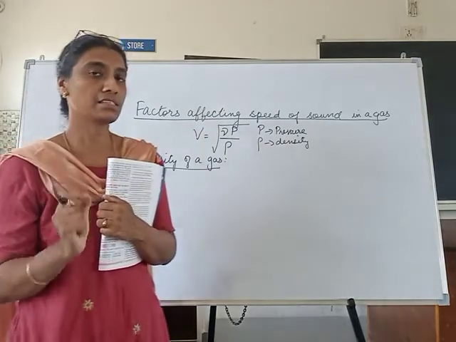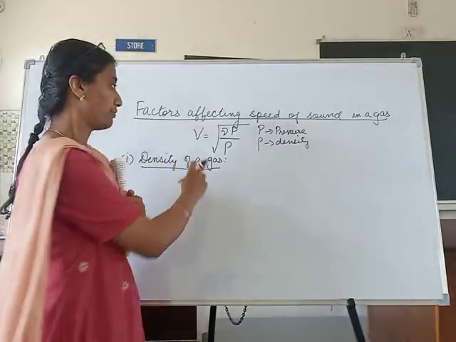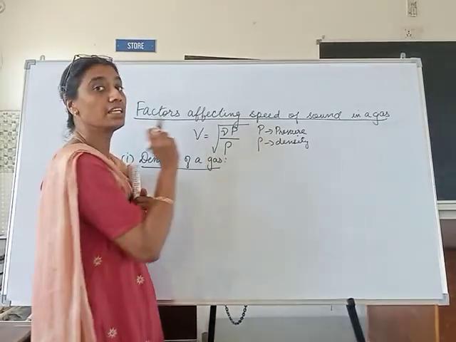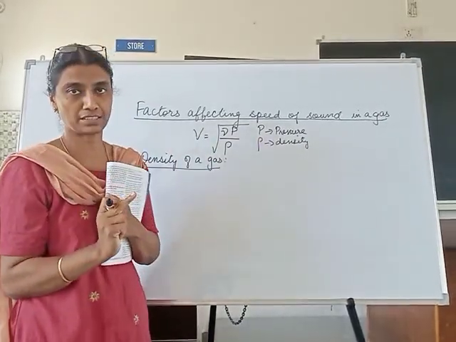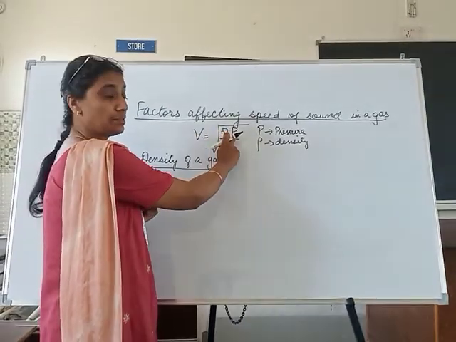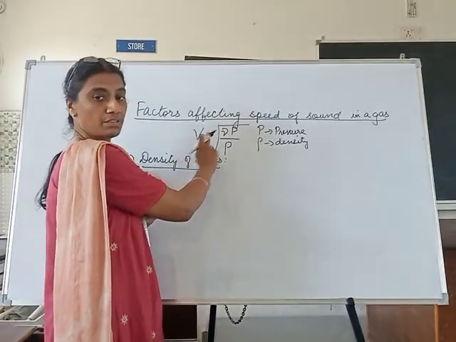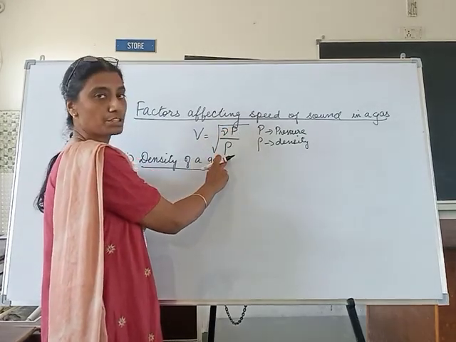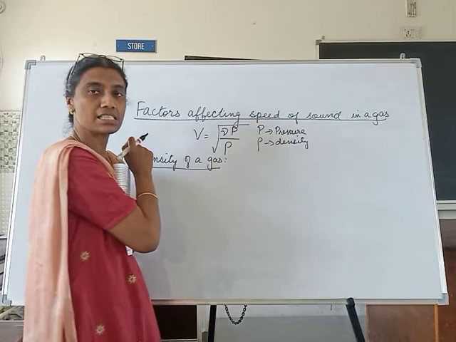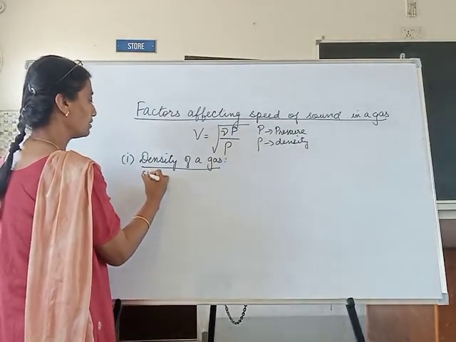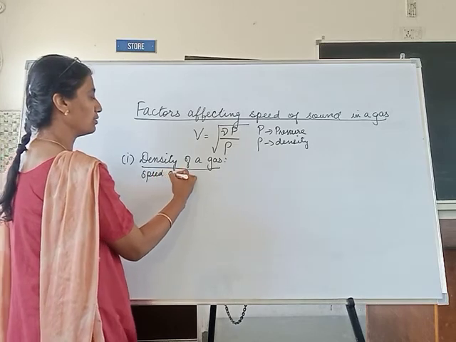Remember, last year I told you, if anything comes in the denominator, it will be inversely proportional to it. Whichever is in the numerator will be directly proportional. So speed of sound will be directly proportional to pressure, and inversely proportional to density, because density is in the denominator.